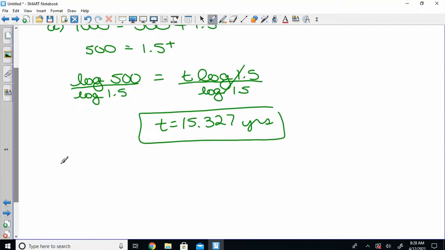Part B wants to know, in what year did the population reach 25,000 people?